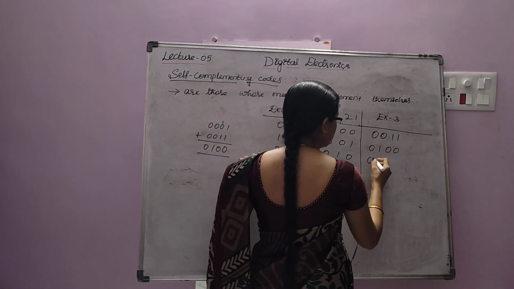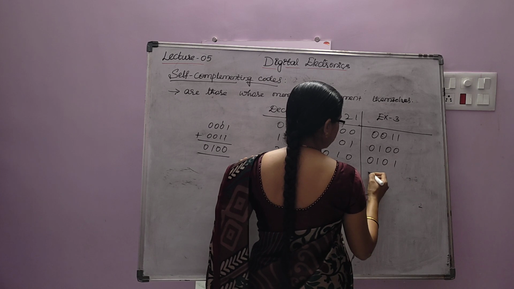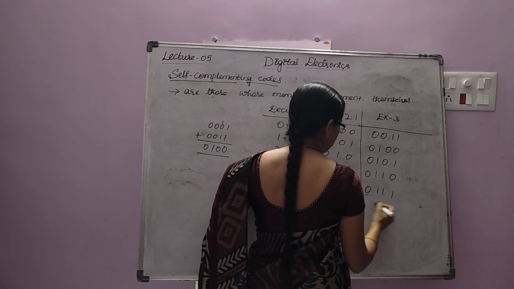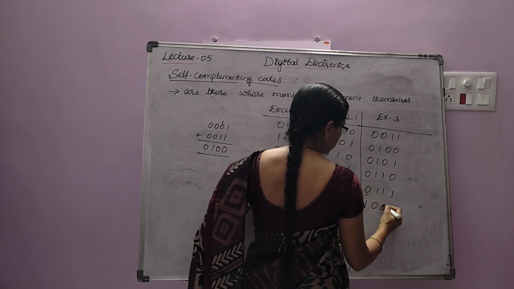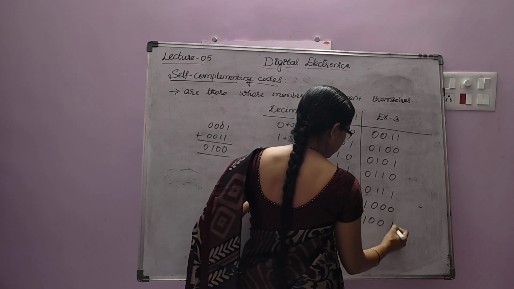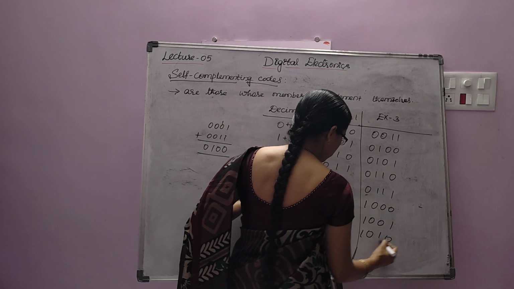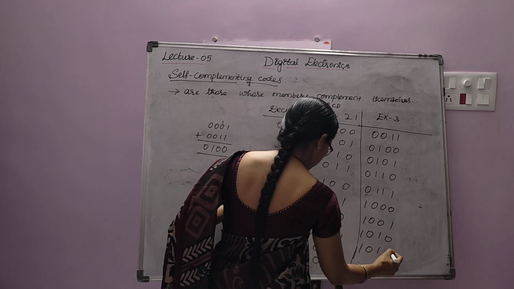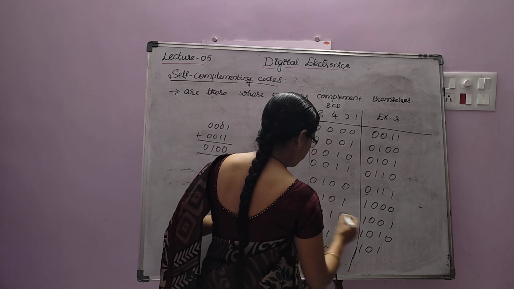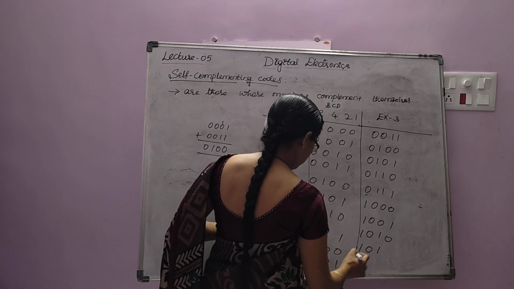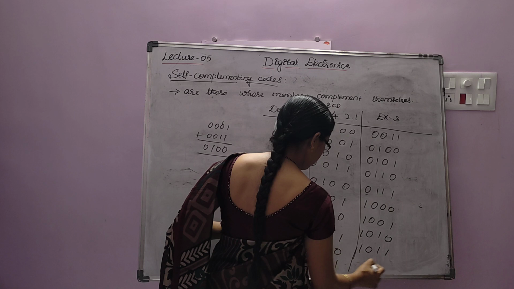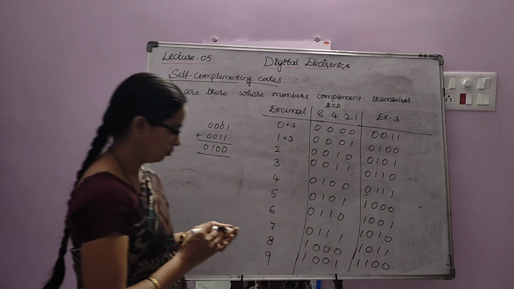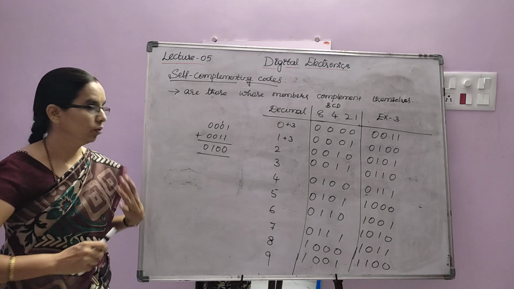So for 2 it is 0101. For 3, 0110. For 4, 0111. For 5 it is 1000. 1001, 1010 for 6 and 7. For 8, 1011. And for 9, 1100. Okay.